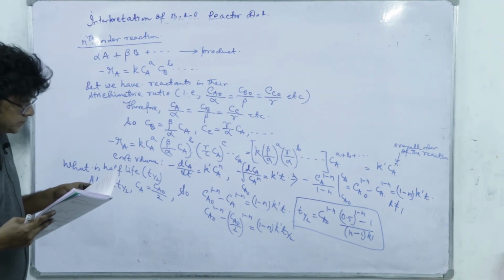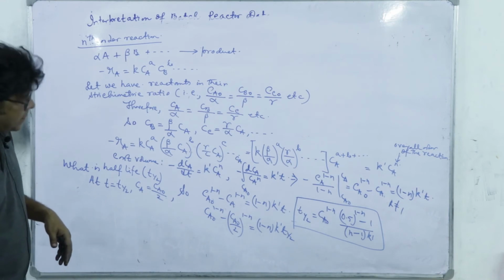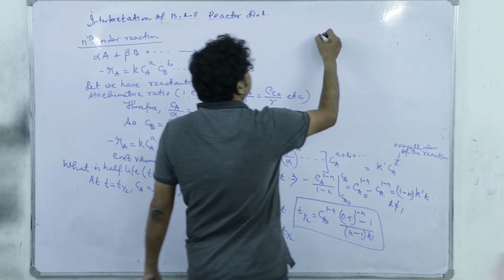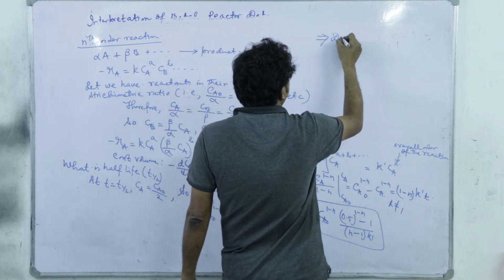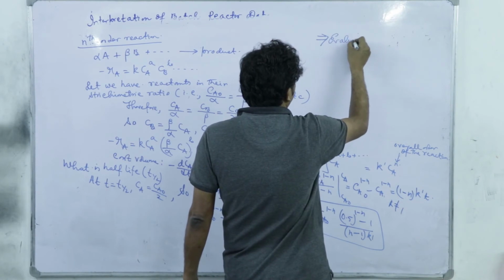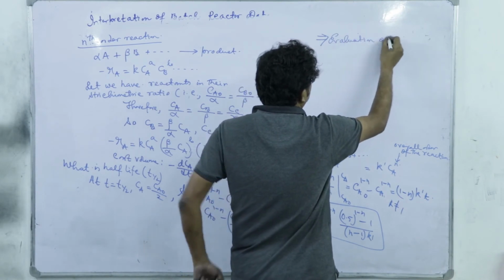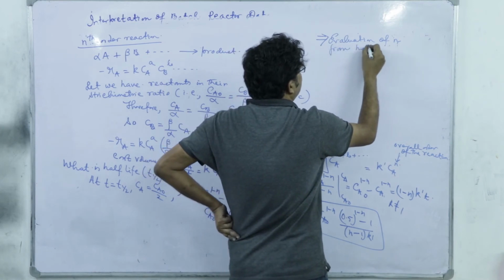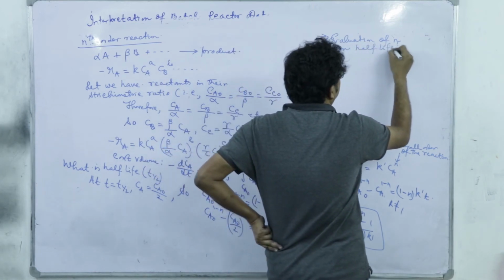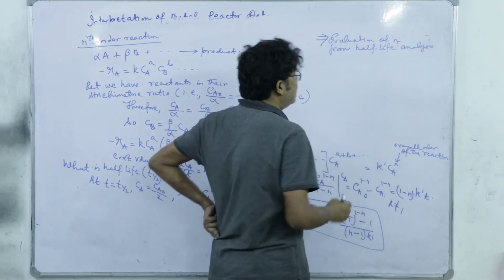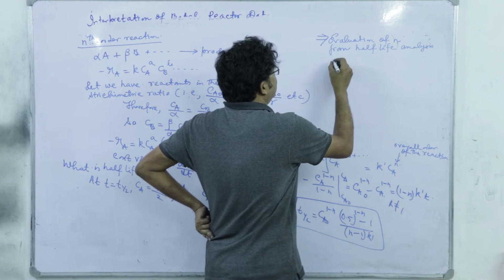Okay. So, you see that from the half-life analysis we can do evaluation of n. This is the integral approach of directly determining the order. So, what you will do?